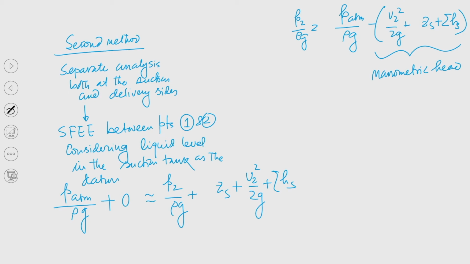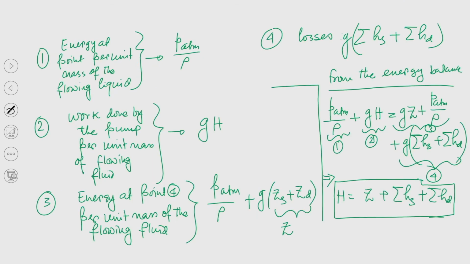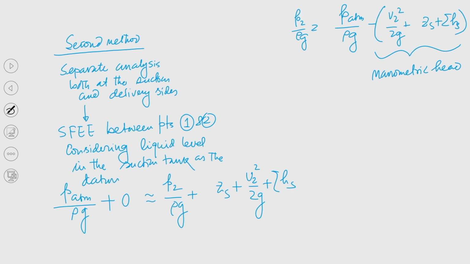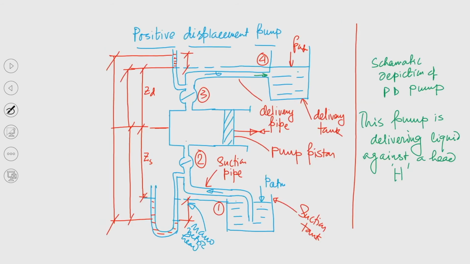This is the manometric head, and why is this head called the manometric head? Because it represents the negative pressure shown by the manometer. Here in the schematic, one manometer is connected to the suction pipeline and the manometer inlet is very close to point 2.